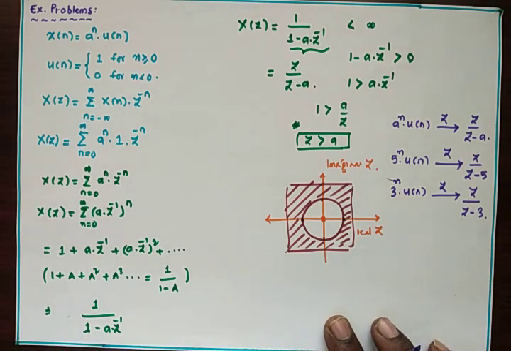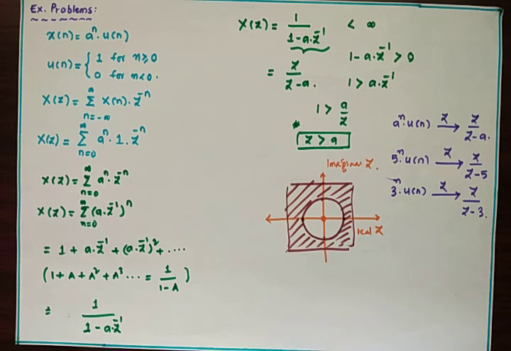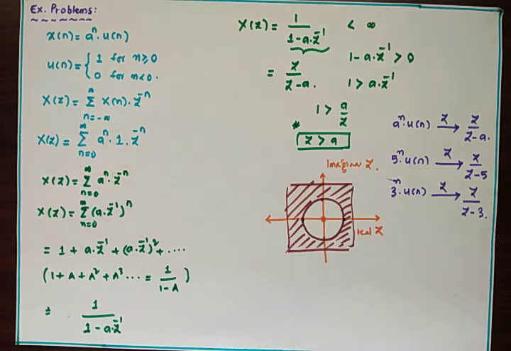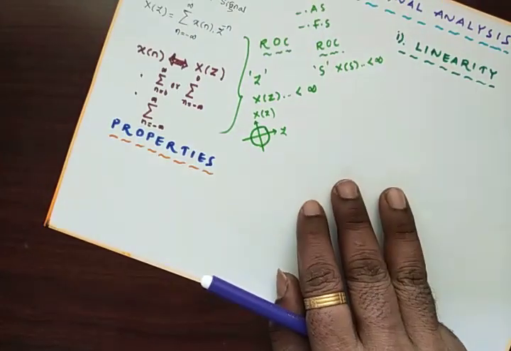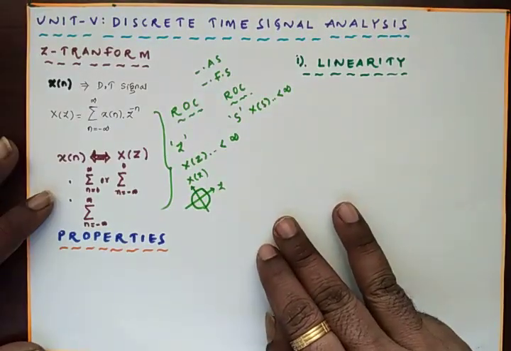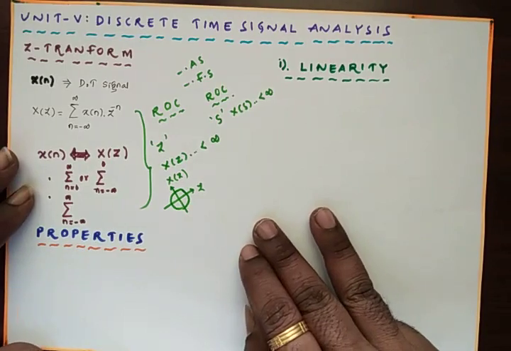Likewise, we can calculate the z transform of any discrete time signal. Anyway, I am going to discuss some of the properties of the z transform, such that the z transform is completed, and then we have to see one more topic in the syllabus, that is DTFT, discrete time Fourier transform.